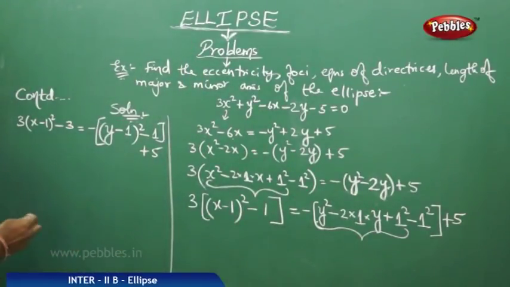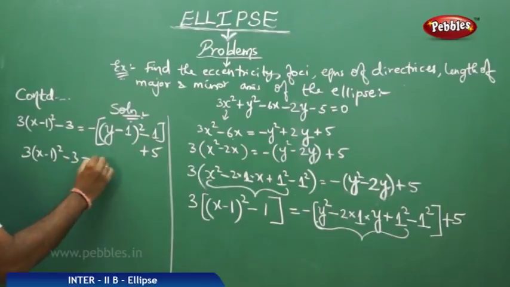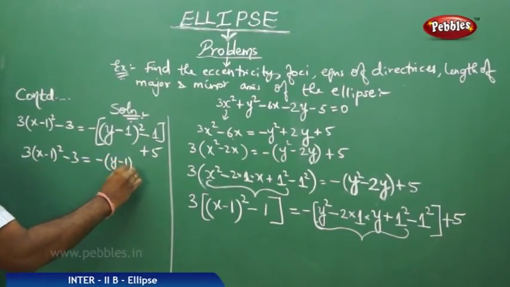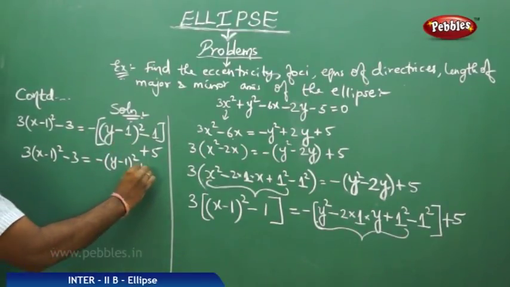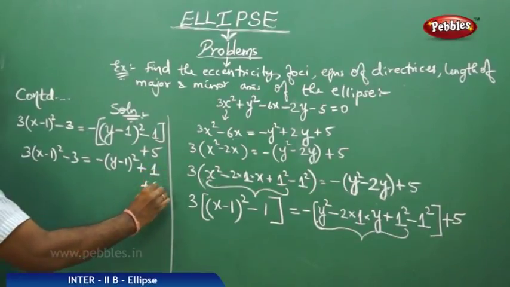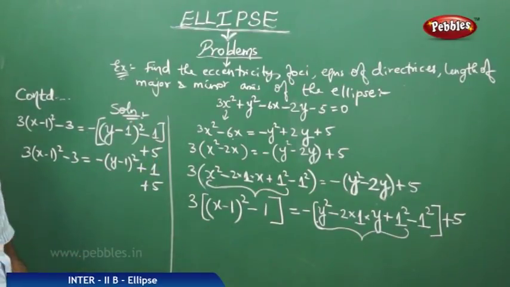Now this on further expansion gives 3 times of x minus 1 whole square minus 3 is minus times of y minus 1 whole square minus of minus 1 is plus 1 plus 5.